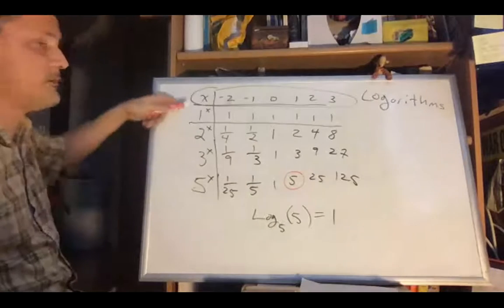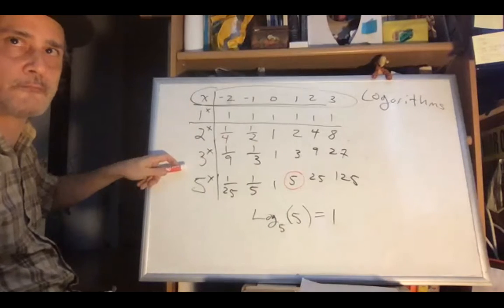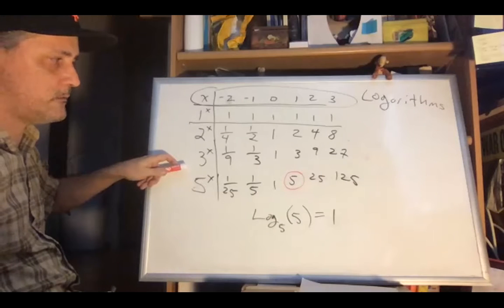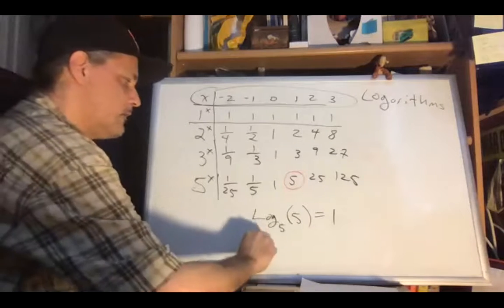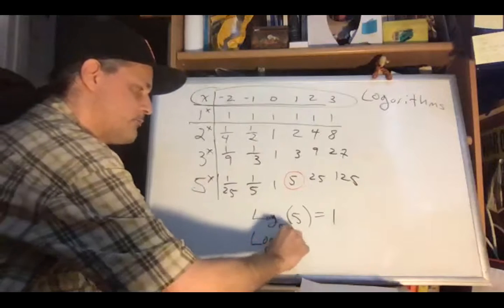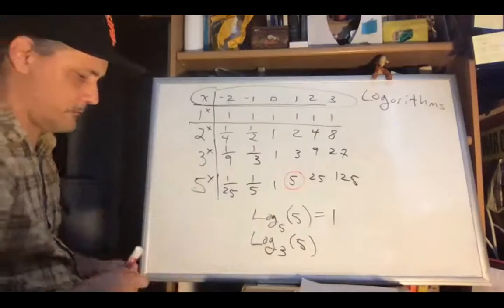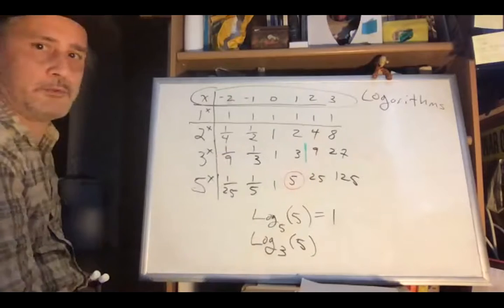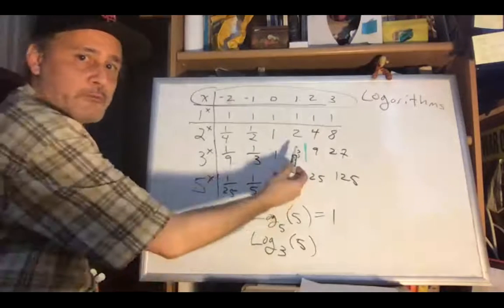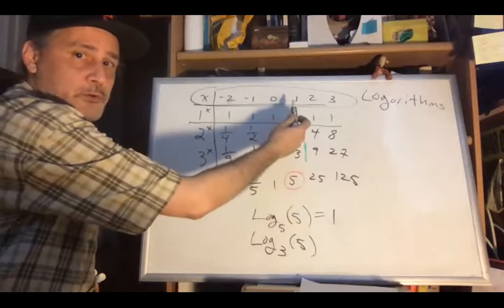But what if we were using a different base? What if we were using base 3? Well, if we're using base 3, then the log using base 3 of 5 is not 1, because look where that is. That would be in between 3 and 9. So if we want to get an exponent using base 3, we're going to have to use an exponent between 1 and 2.